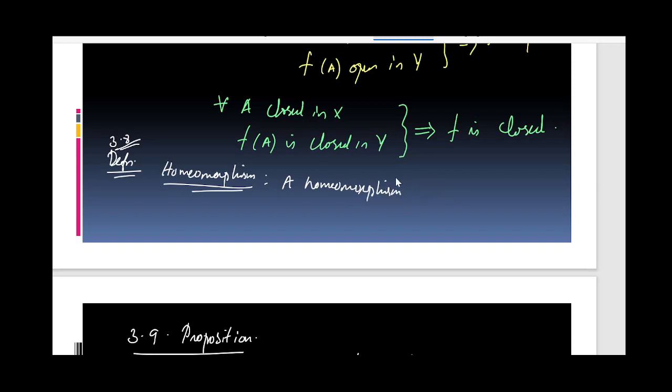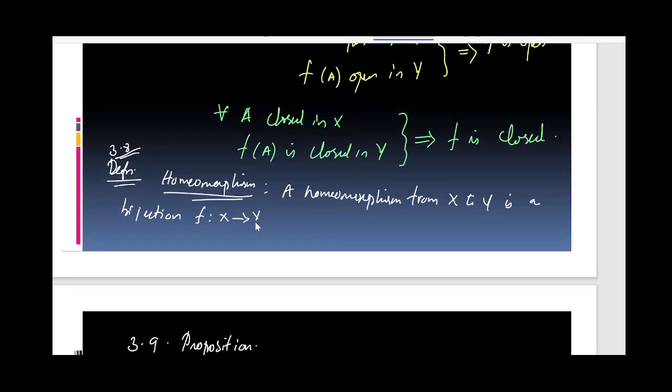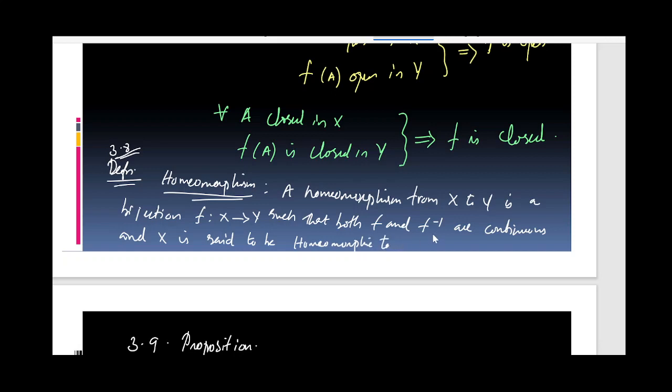A homeomorphism from a space X to Y is a bijection f from X to Y such that both f and f inverse are continuous, and X is said to be homeomorphic to Y. Okay, so this is the definition of homeomorphism.